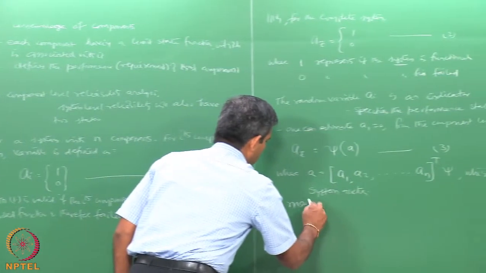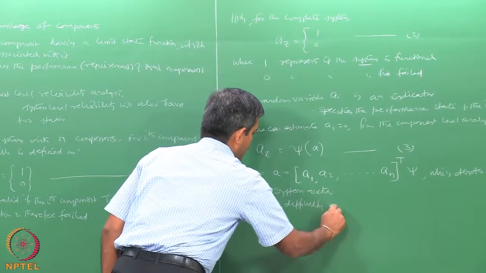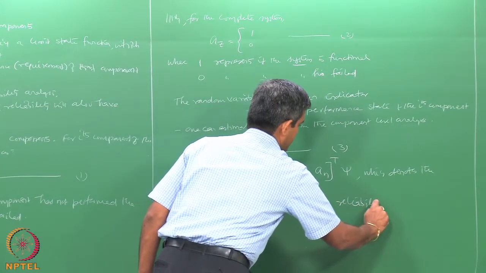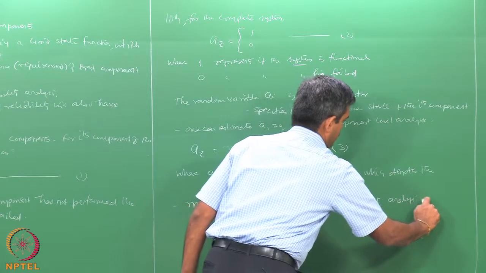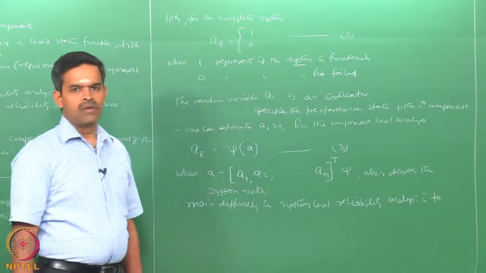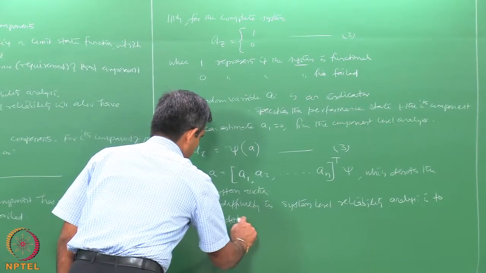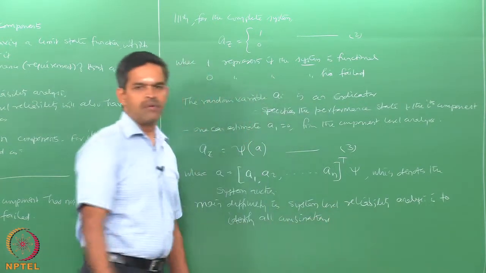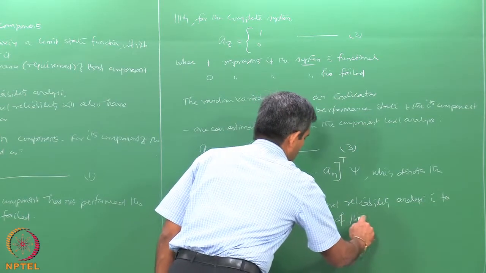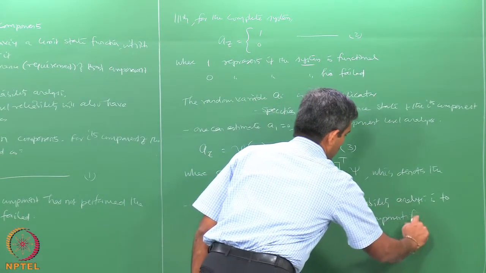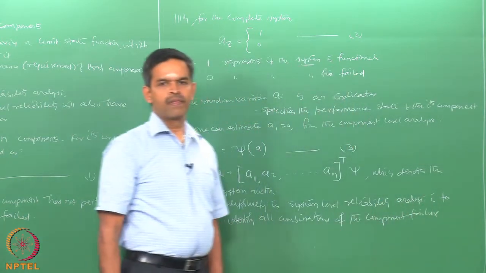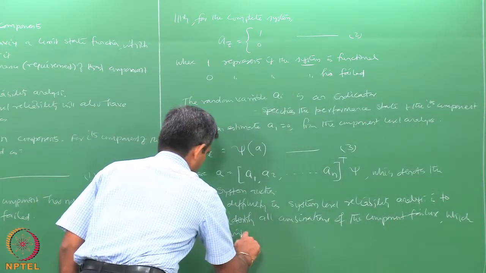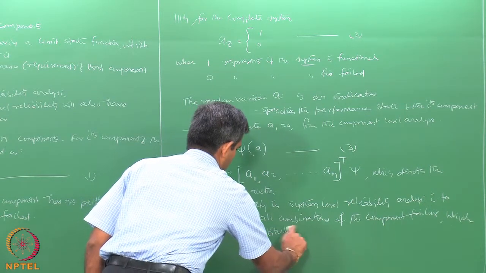So, the main difficulty in system level reliability analysis is to identify all combinations of the component failure which will constitute the system failure.